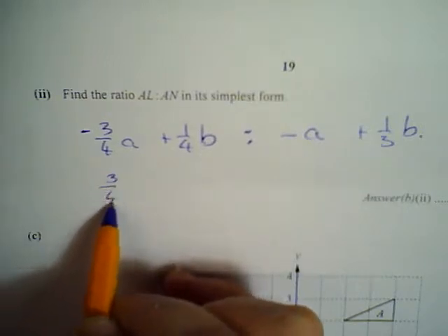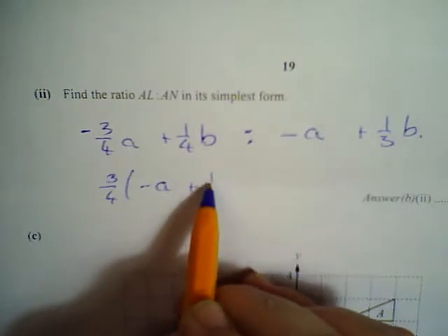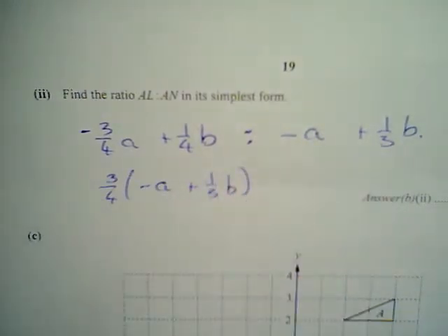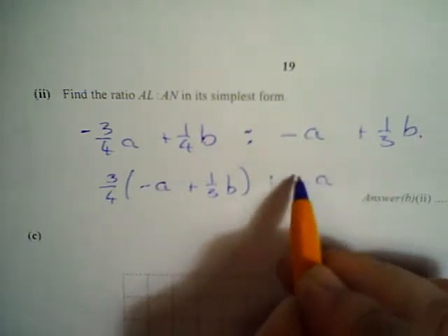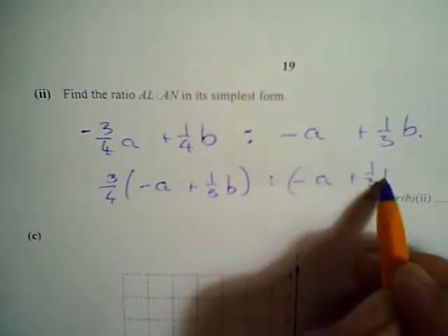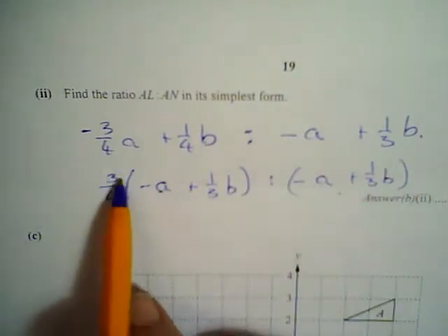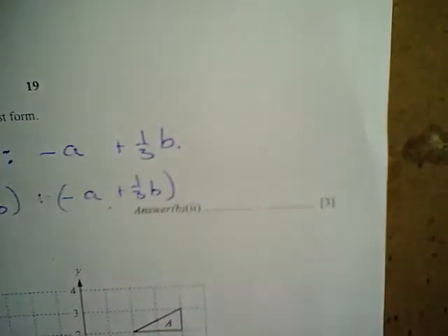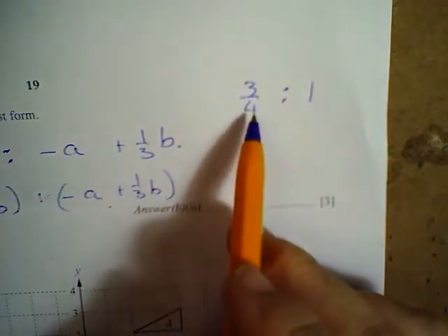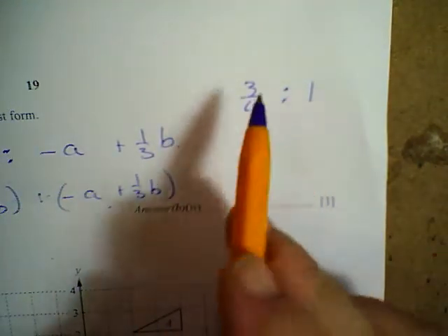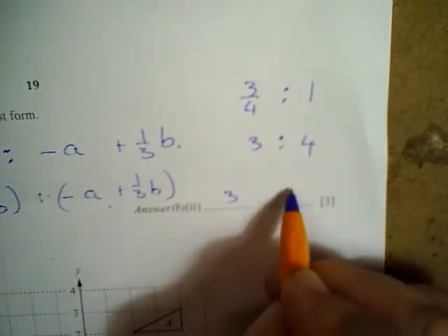So 3/4, that would give me negative A plus 1/3 B. Okay, and now I can see that that is equal to negative A plus 1/3 B. So these two are equal to one another. So I can just work with this ratio, 3/4 to 1. So I'm going to write that down here, 3/4 to 1. We don't want quarters in our ratio. So I can multiply on both sides by 4. That would give me 3 to 4. And that is the ratio, 3 to 4.